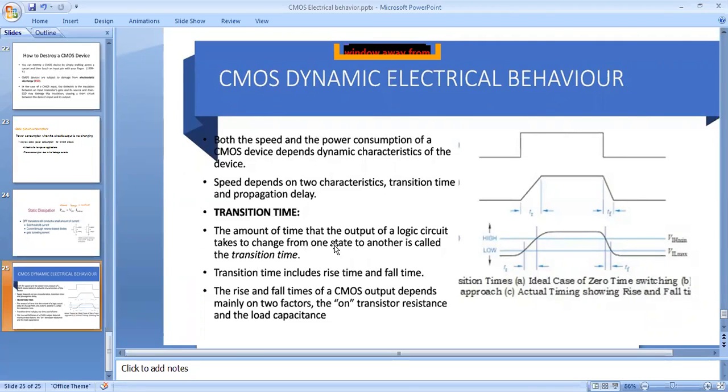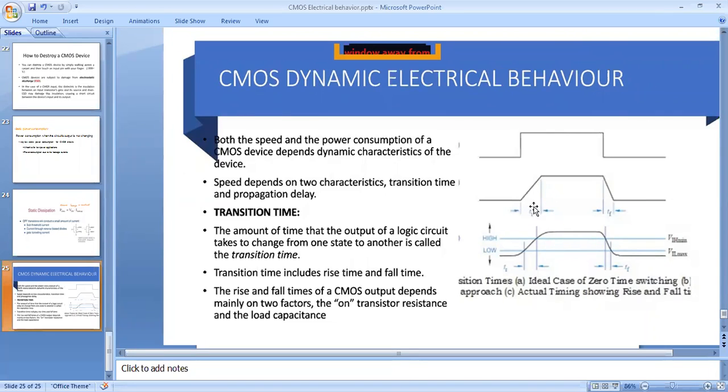So transition time mainly depends upon rise time and fall time. So what is the rise time of CMOS transistor and what is the fall time of CMOS transistor?